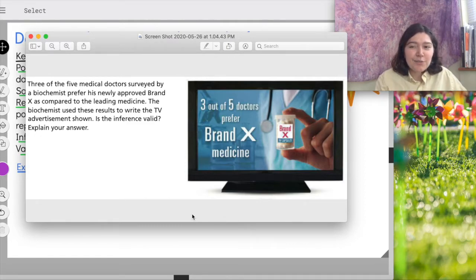And even if he did, with only 5 people asked, you can't really make that claim. So it's unlikely that this inference is valid. It's unlikely that it actually represents the entire population of medical doctors. And of course, this is something that people will do because people want to make money. Okay, great job, everyone.